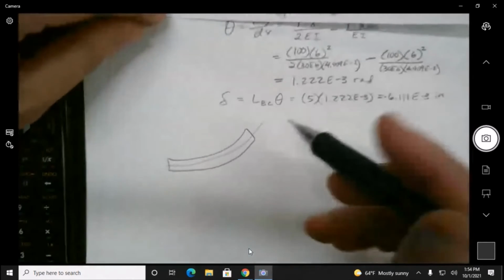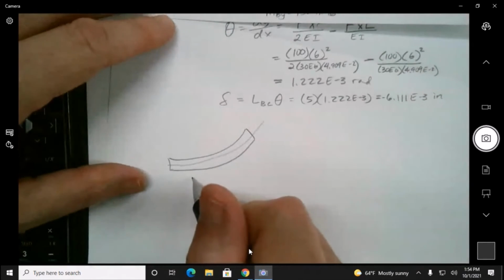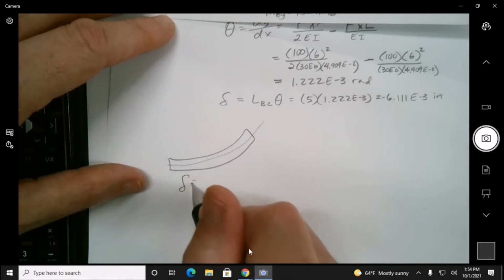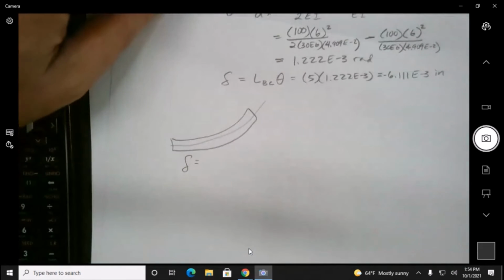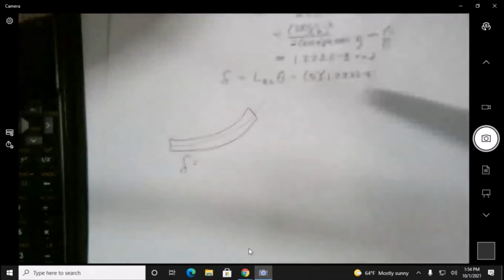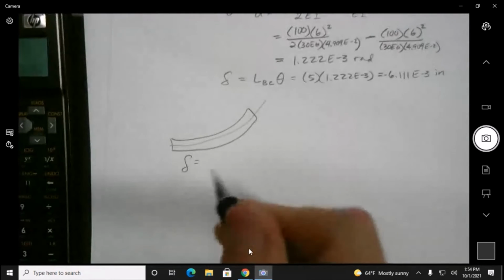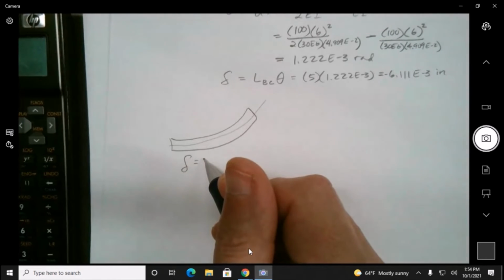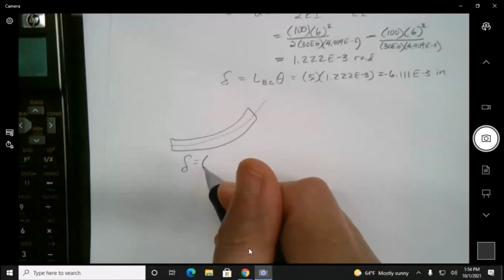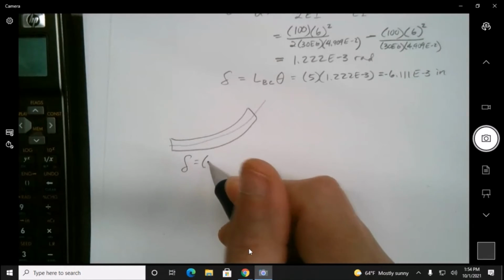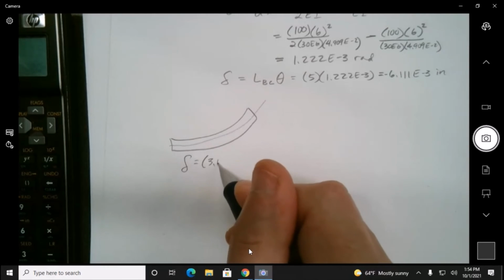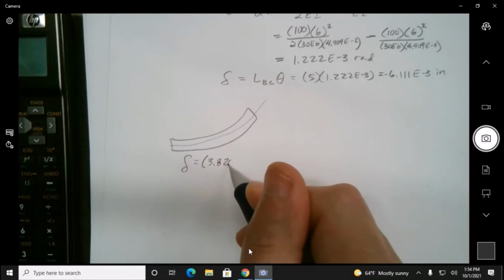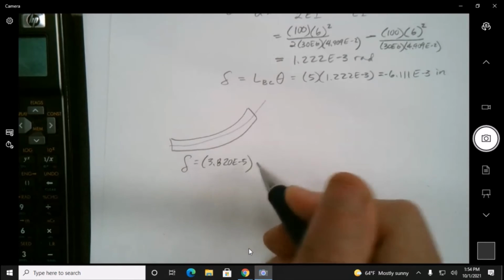So I think, I'm not 100% sure, that we have a fine collection of deformations in the x direction. Maybe this answer's in the back and we could look it up and get that great satisfaction, possibly. But maybe not. They were all negative, so I'm going to leave the negative off. 3.820 E minus 5.